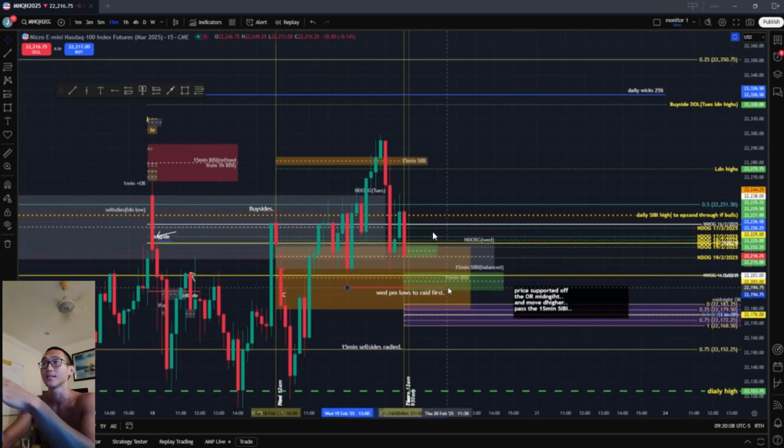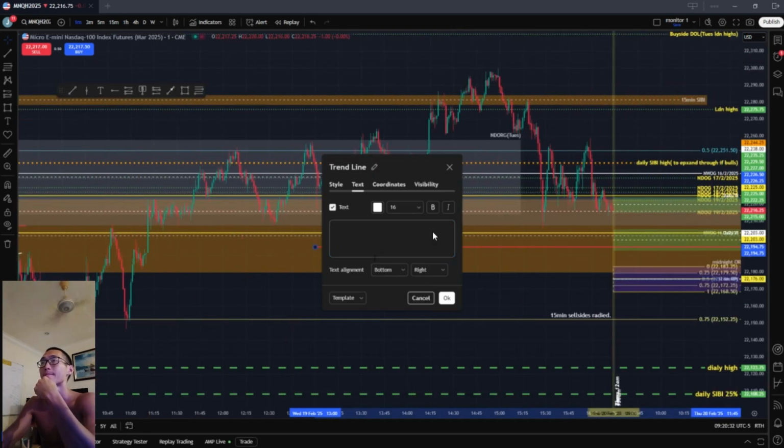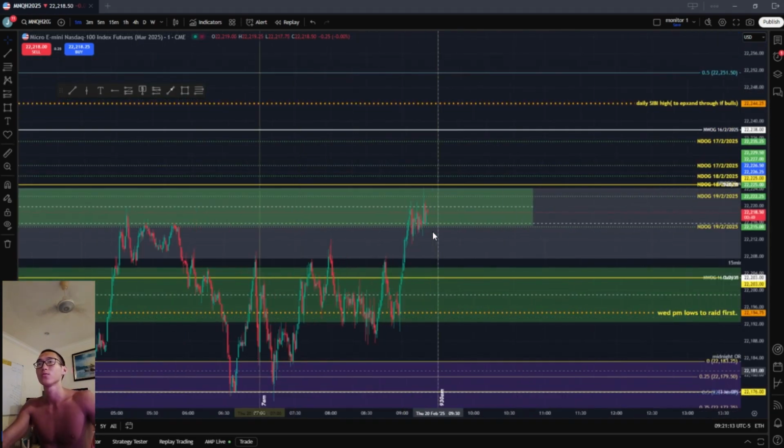That was my thinking. So you can see Wednesday PM lows to raid first. I want to see price raid that PM low first before moving higher.